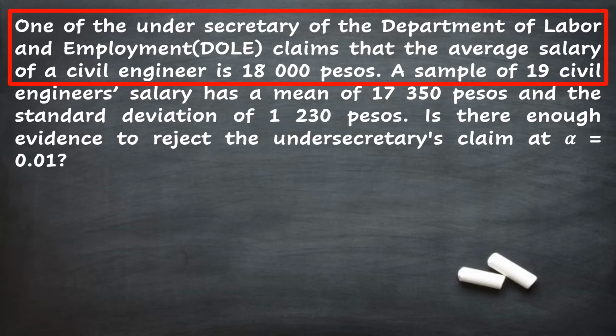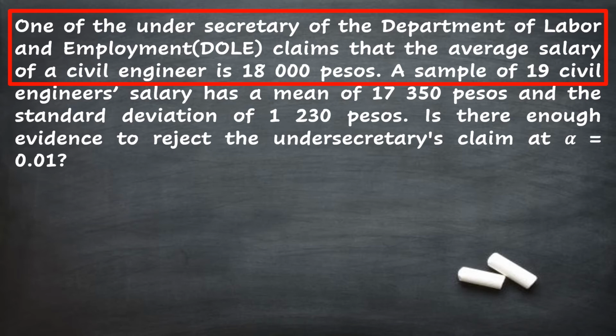Obviously, in this problem po, the first sentence is a researcher's claim, na-observe ng undersecretary that the average salary of a civil engineer is 18,000 pesos. So we will use that in formulating the null and alternative hypothesis.